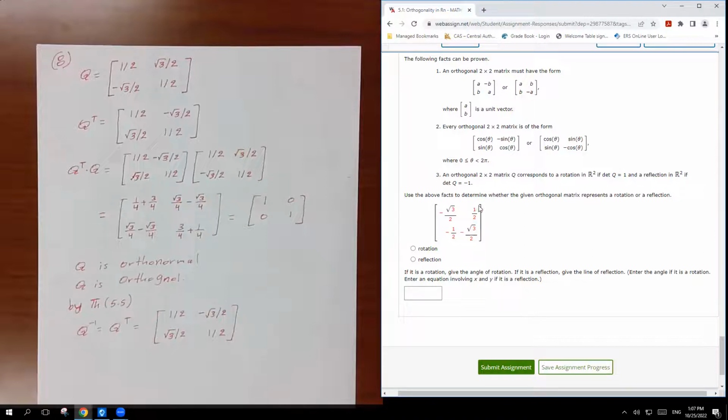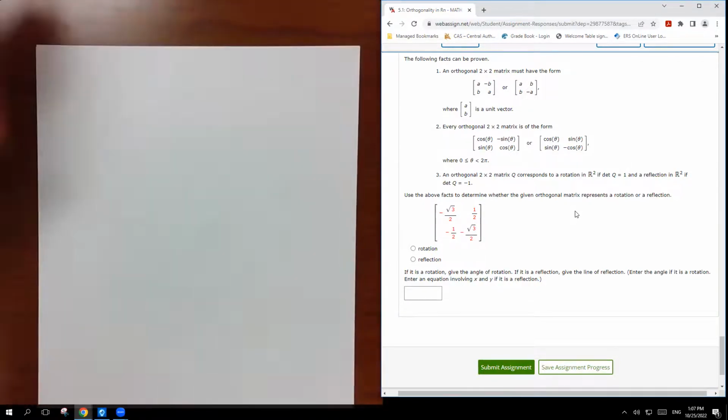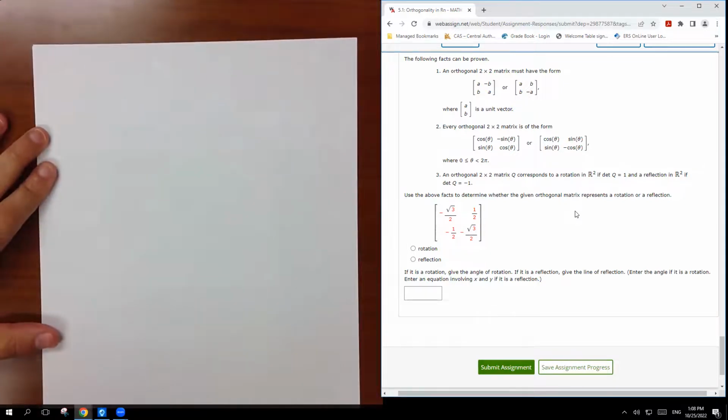Now we're going to use these 3 facts to determine whether the given orthogonal matrix represents a rotation or reflection. That means we're going to find the determinant for this matrix.